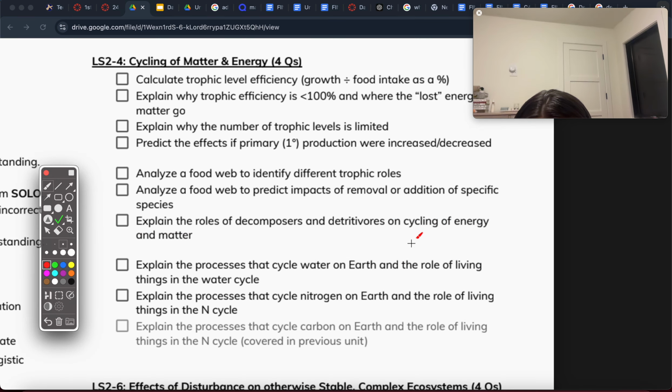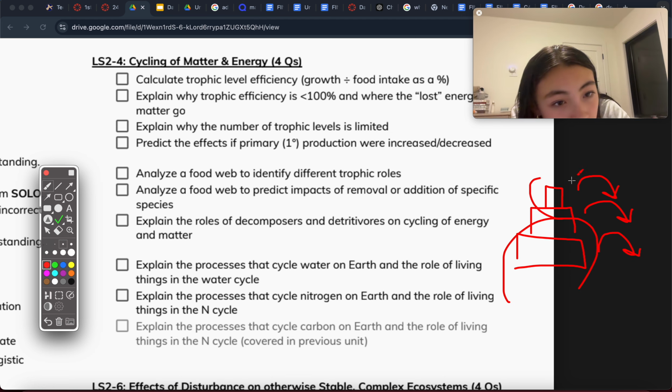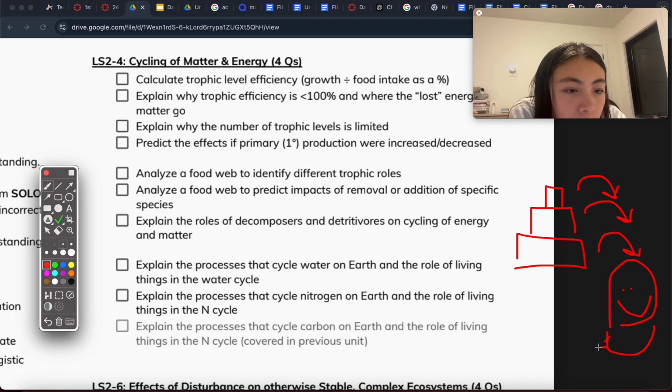So what happens is you have the trophic levels, and each level, maybe even producers, yes, even producers, they all let out their own amount of waste. Of course, this one's probably going to have more waste than this one, but that's not really important. And then there are the decomposers. This is a worm. It's a decomposer.